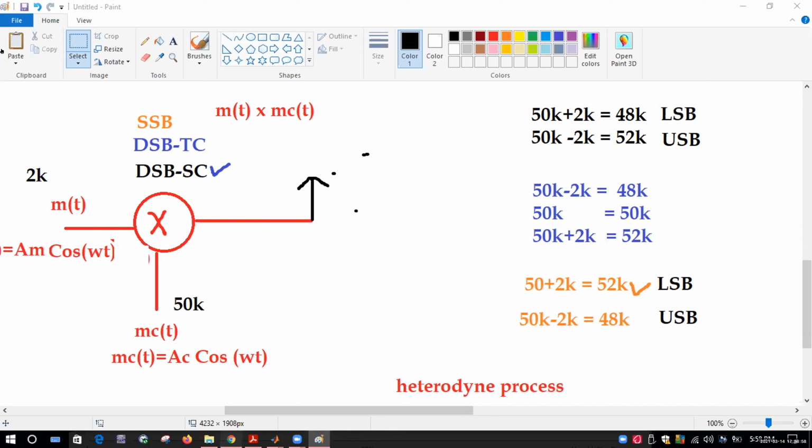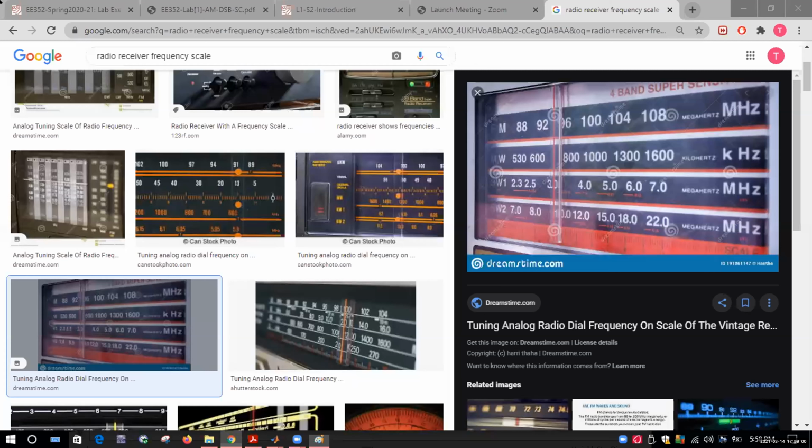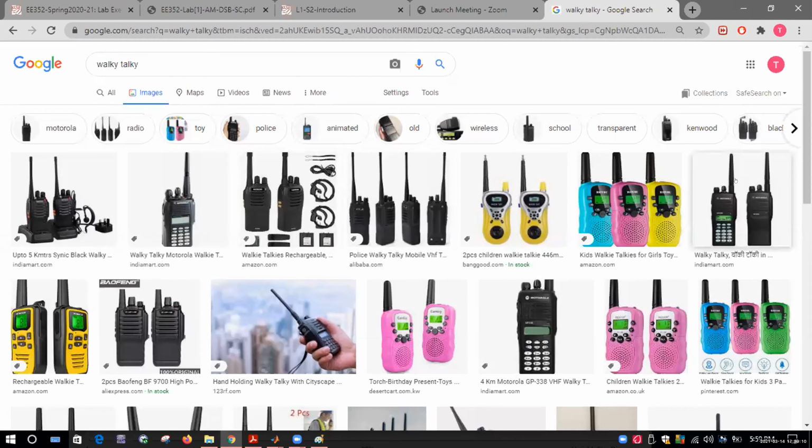Have you seen this one? This is called a transceiver. A transceiver uses an antenna. This antenna sends out waves in the air, and air is the channel.